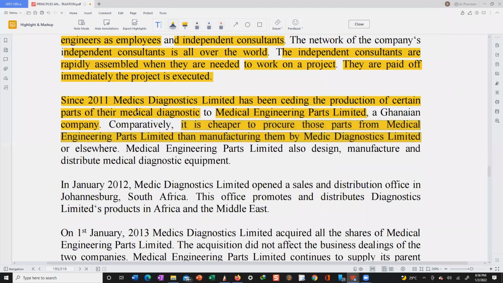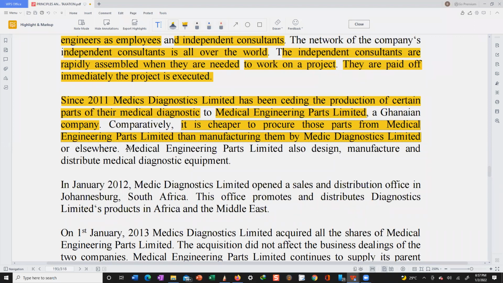Now, you see, it told us that it has been buying parts from Medical Engineering Parts Limited, a company. And it says that it is cheaper to procure those parts from Medical Engineering Parts than manufacturing them by Medic Diagnostic Limited itself or elsewhere.